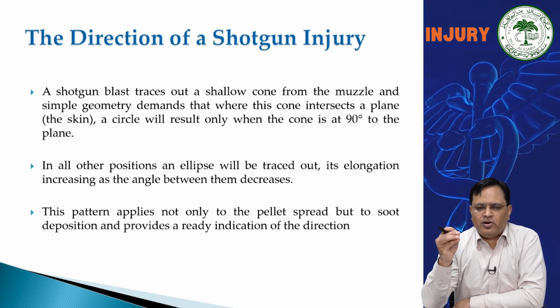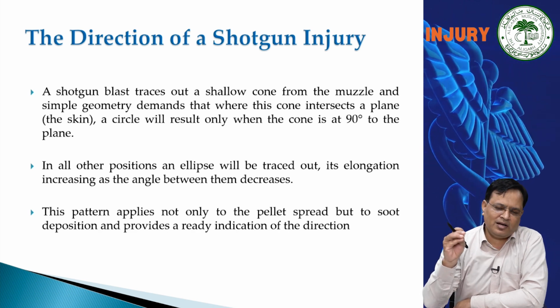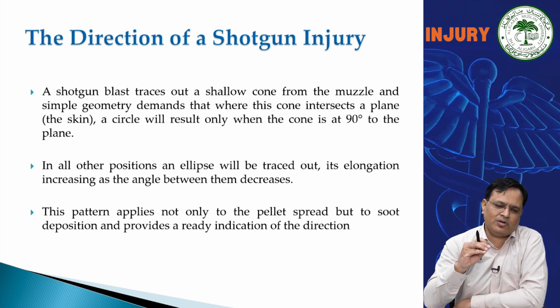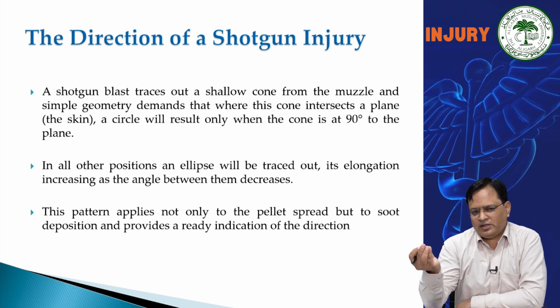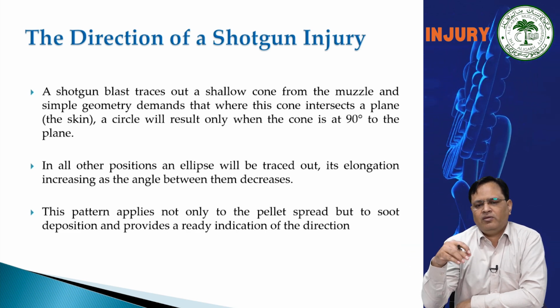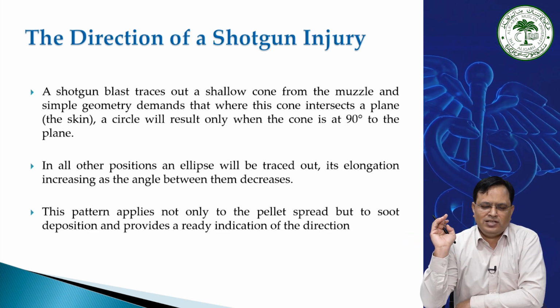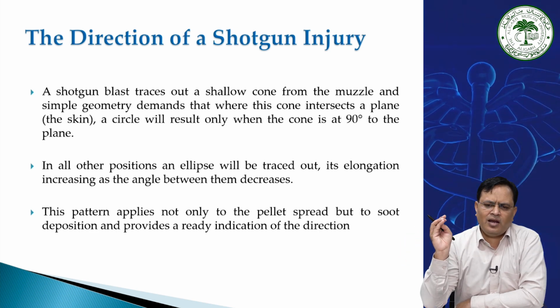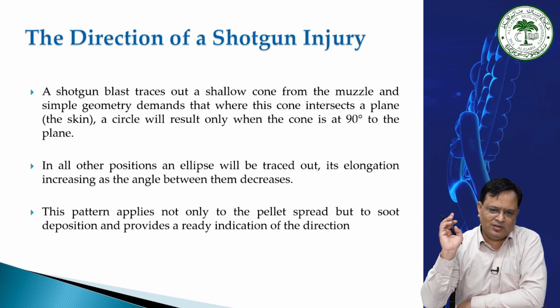If we can determine the direction, we can determine which type of weapon, which height of a person, or which direction was used to cause the injury. So it is very important, and direction also determines the amount of injury that is caused.